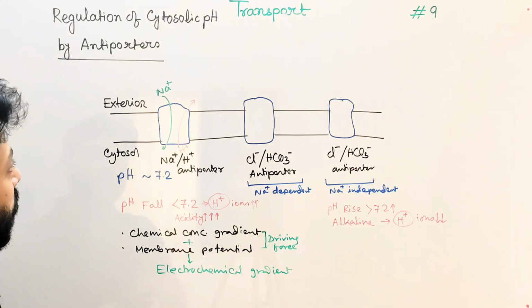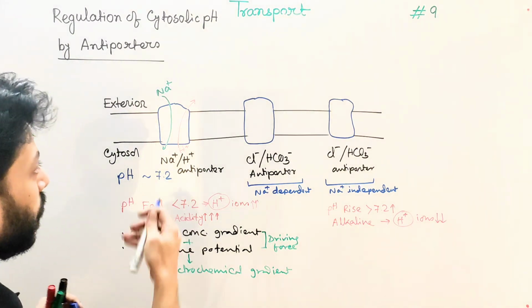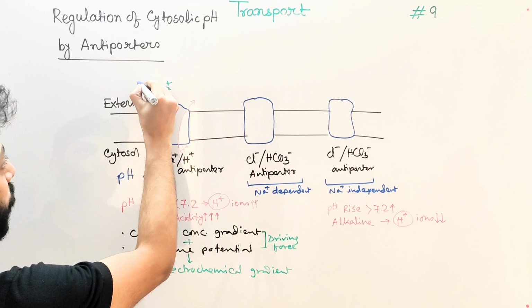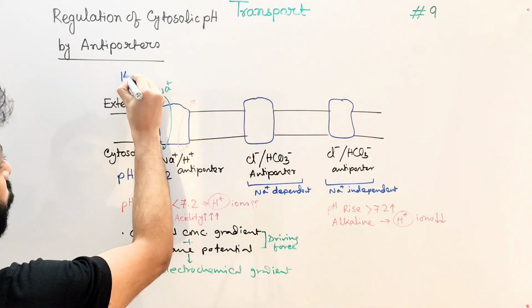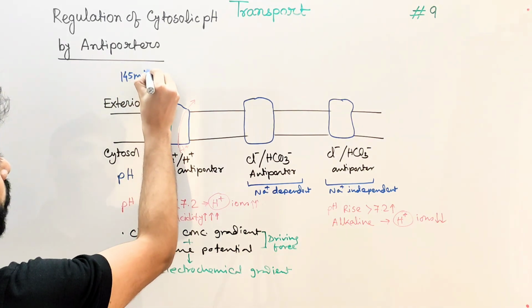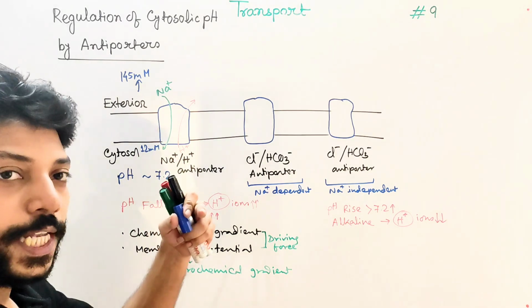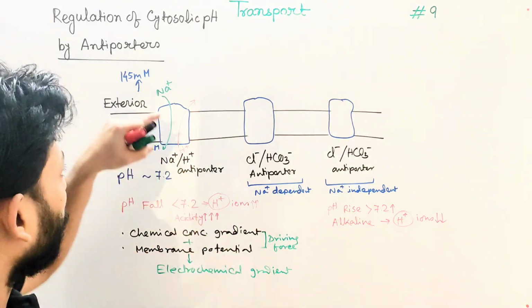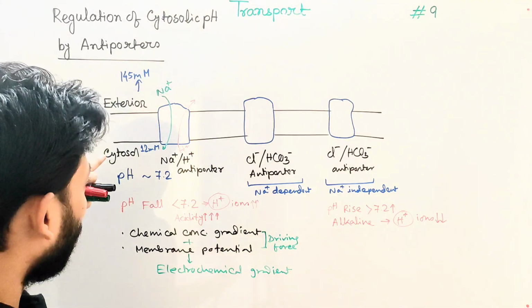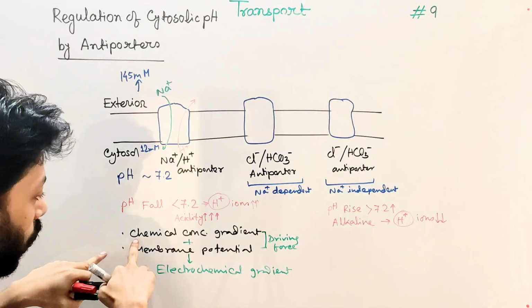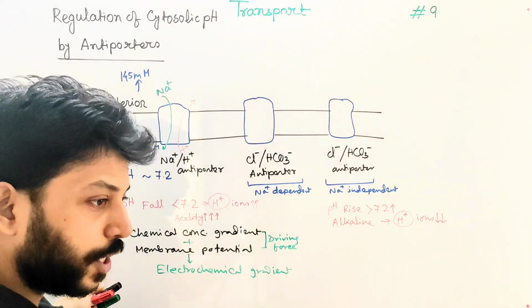Basically, in case of sodium, the outside concentration of sodium is high, approximately 145 millimolar, and inside is 12 millimolar. So there is a 12-fold change in the concentration of sodium in the exterior than inside, that means the cytosol. So there is a chemical concentration gradient of sodium present.